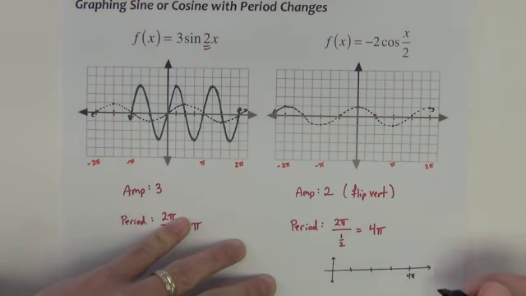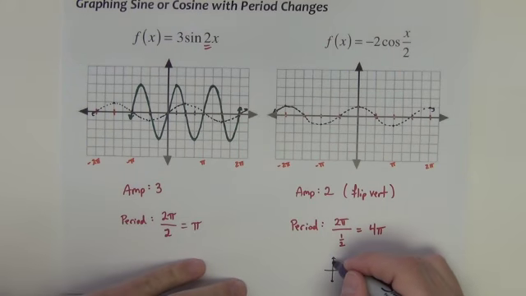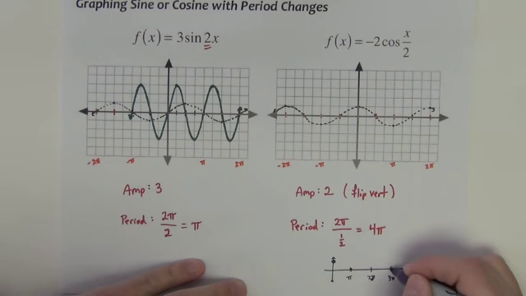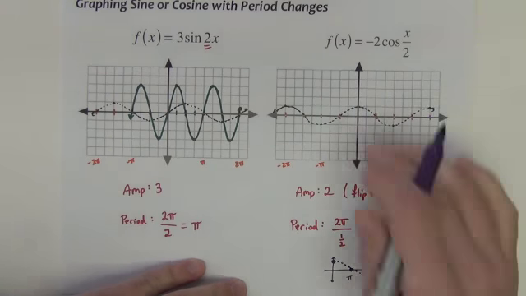That should be where 4 pi is. If that's 4 pi, then that makes this 2 pi. If that's 2 pi, half of that makes that 1 pi, makes that 3 pi. So what I'm going to try and draw is a graph that looks like this. It starts up here, then it comes down, then it goes up. So this is kind of what I'm trying to draw on this graph.